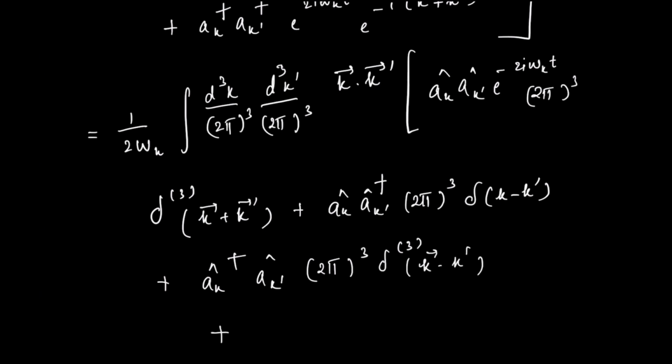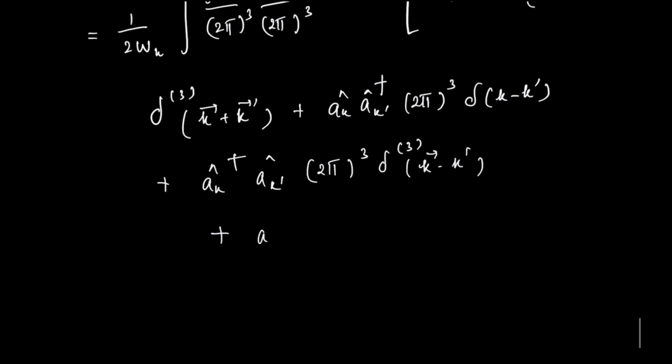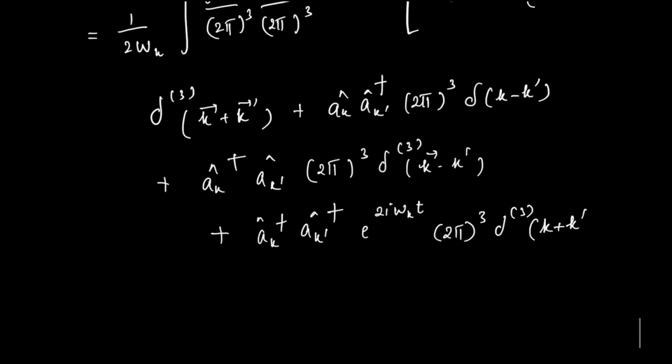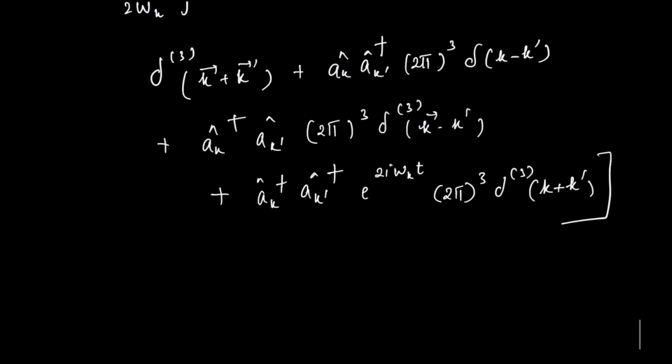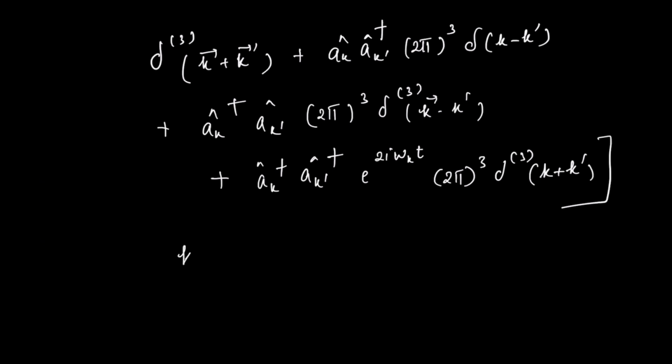And the last term, a_k† a_k'† e^{2iωt} delta of k plus k'. So in all the terms you have either Dirac delta of k plus k' or k minus k'.